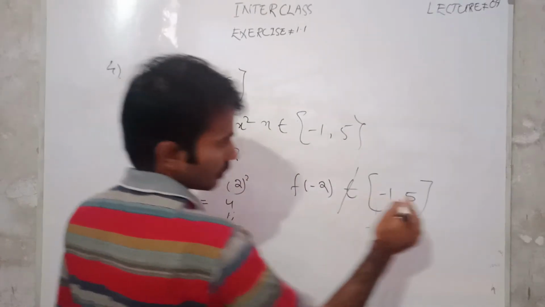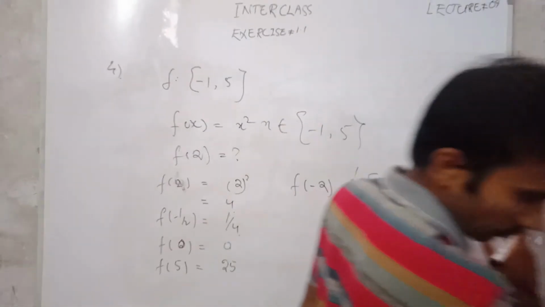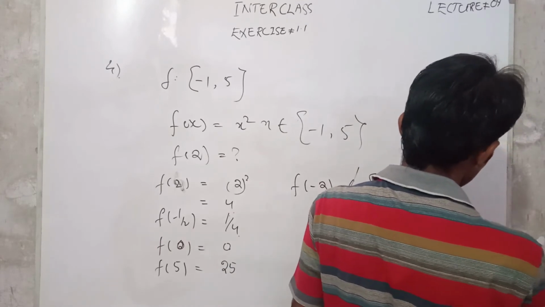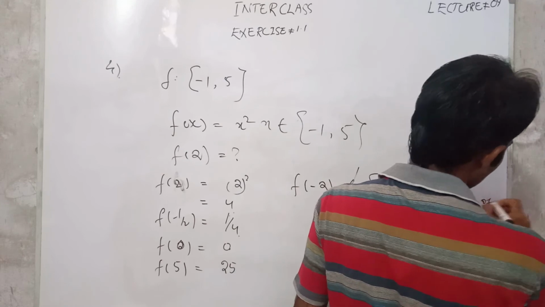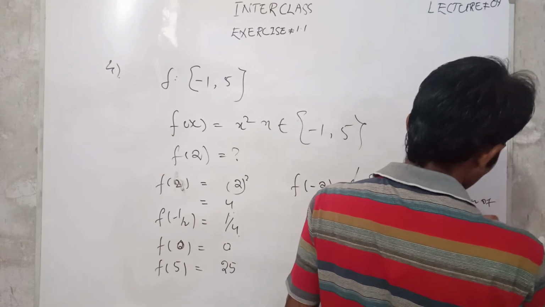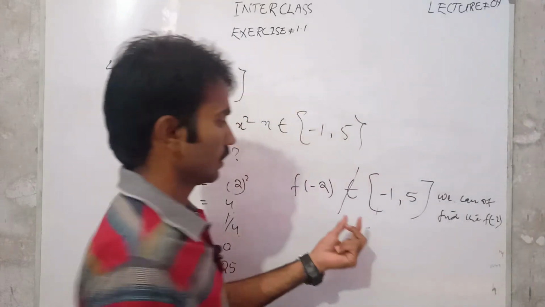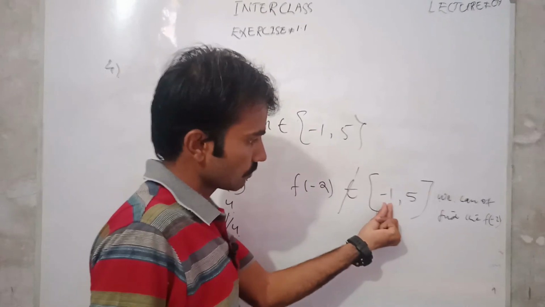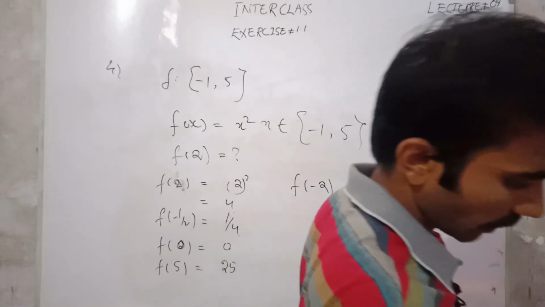That's why we cannot find f of -2, because this value doesn't exist in the range of -1 to 5.